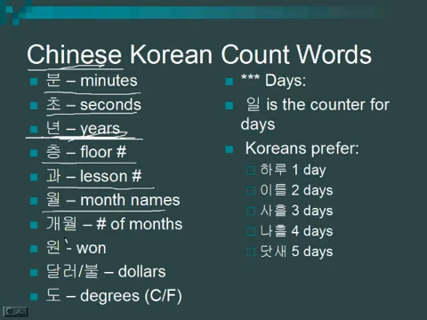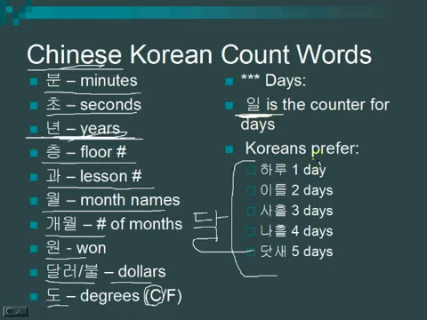First month, January is 1월, 12th month, December is 12월, 5th month is May, 5월. 개월 is the number of months, same meaning as 달, but 달 only takes the native numbers. Won, the Korean currency, 달러 or 불, both mean dollars. Degrees is 도, but Koreans use Celsius now, only Celsius. 일 is the counter for days, however, and it's the most popular counter for days.